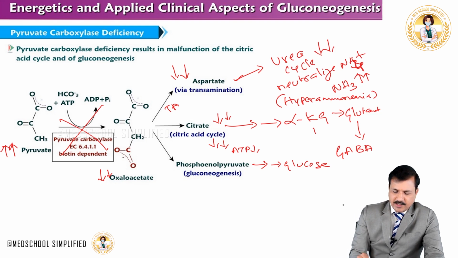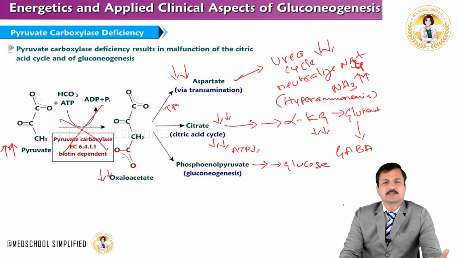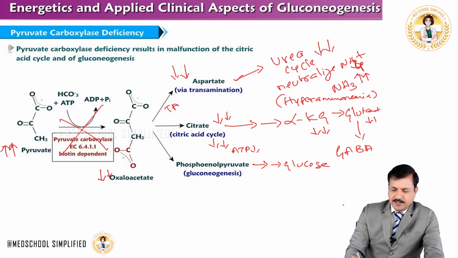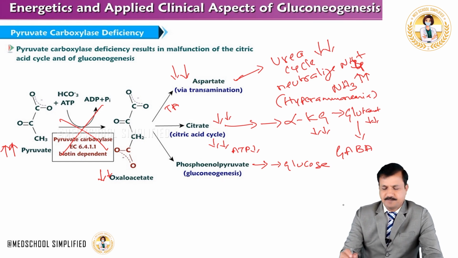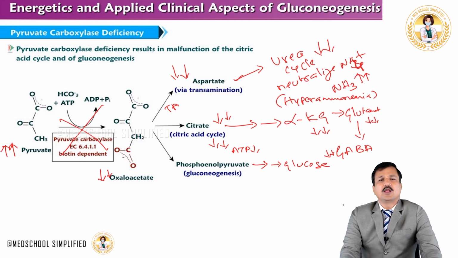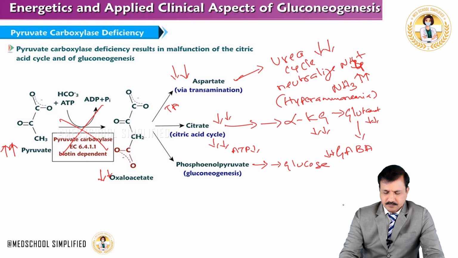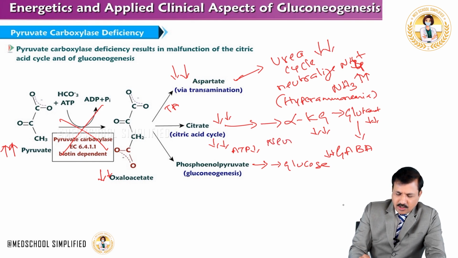Also note that alpha-ketoglutarate levels will decrease accordingly because alpha-ketoglutarate comes from oxidation of citrate in the TCA cycle, and that will lead to a decrease in glutamate, which is a neurotransmitter, and that can also decrease gamma-aminobutyric acid. Overall, neurotransmitter levels will go down, and that can also contribute to the neurological signs that we see in pyruvate carboxylase deficiency. So I'll just write it as neurological signs.